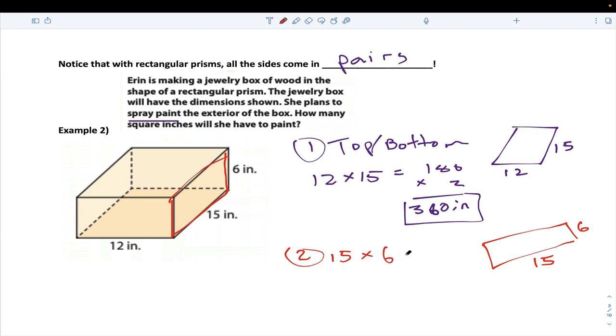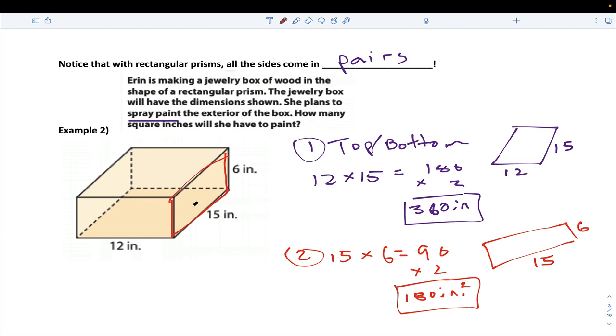Josh, let me know when you have it. Beautiful. And box it, save it for later. 180 is your second.